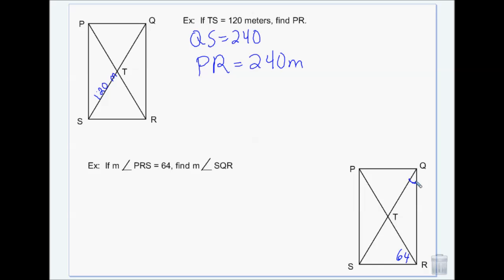So you're going to need to take 64 and subtract. 90 minus 64 is 26. So this one's going to be 26. So is this one, and this one, and that one. So the measure of angle SQR will be 26.